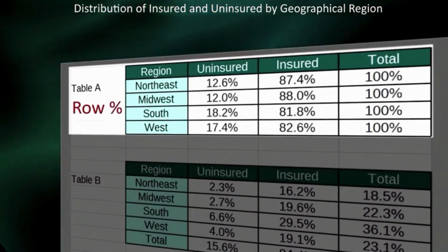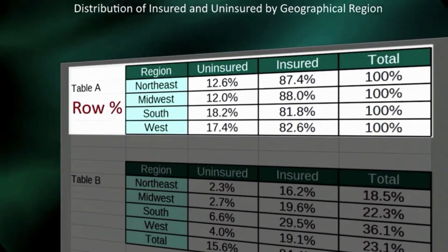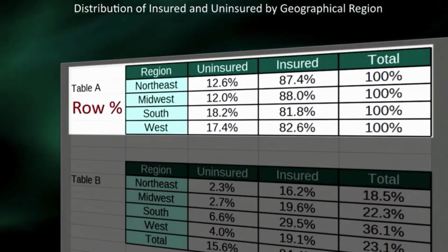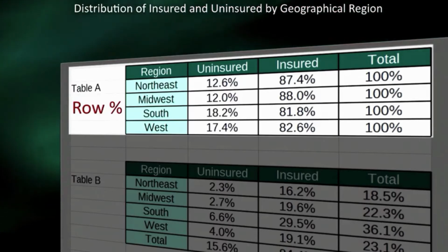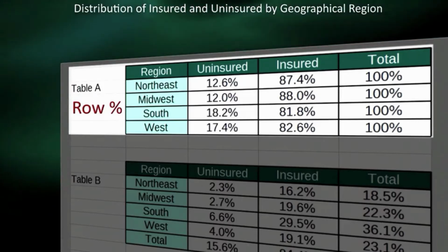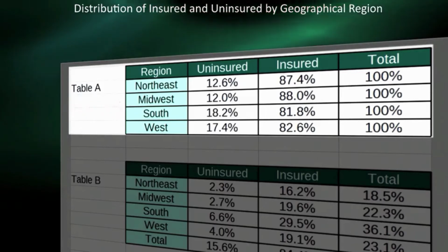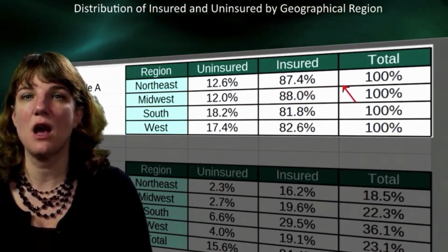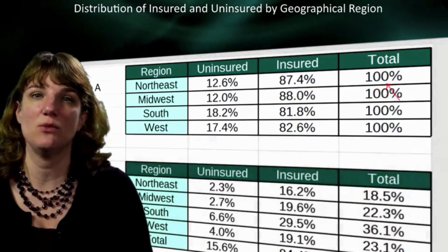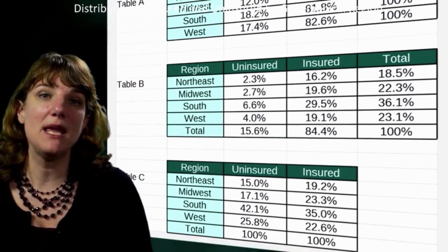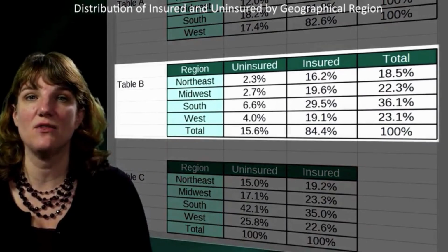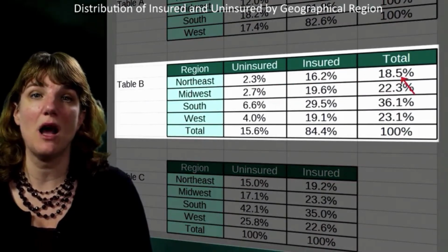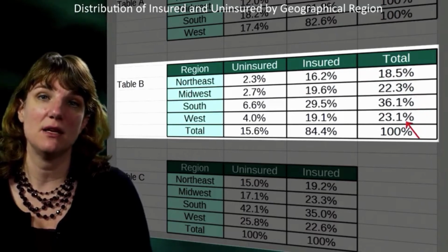Each cell includes the percent of observations within each row, that is, within region Northeast, Midwest, South, and West, that are either insured or uninsured. As you can see, adding across the rows gives us 100% of the observations within region. Table B includes the total percent of observations in each cell. Here, the percentages in each row and column add up to 100%.